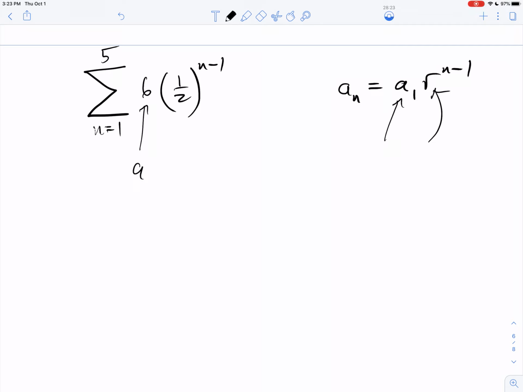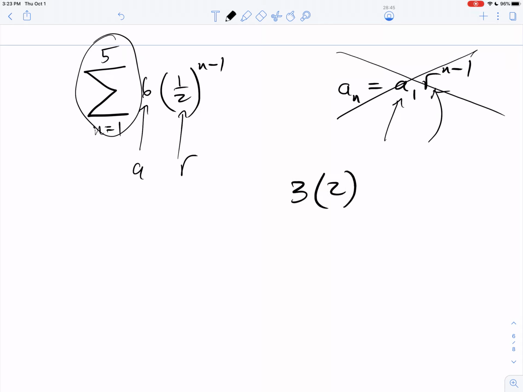That's A1. That's R. But this is not a sequence. What makes it so much not a sequence? As soon as you see sigma, you know you're in Seriesville. So I wouldn't use this formula, although that's the key to recognizing the difference.